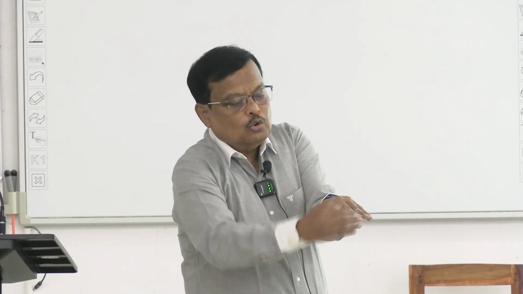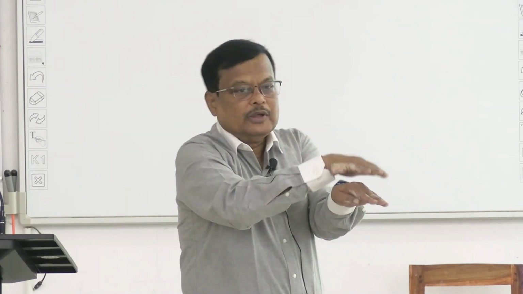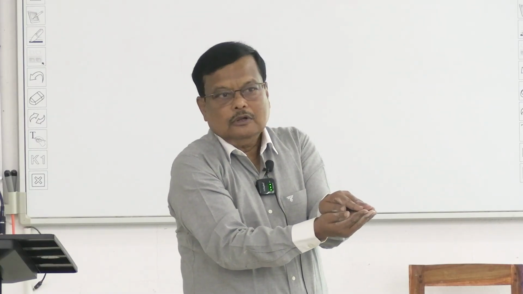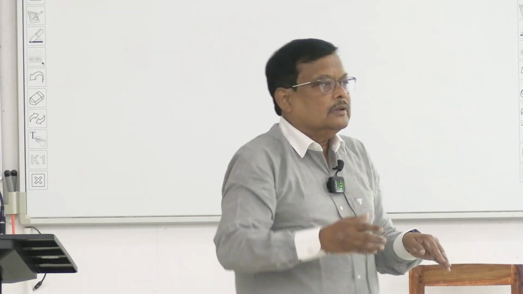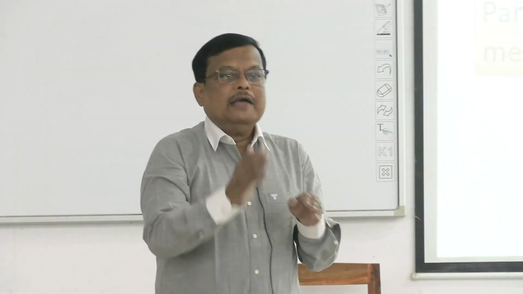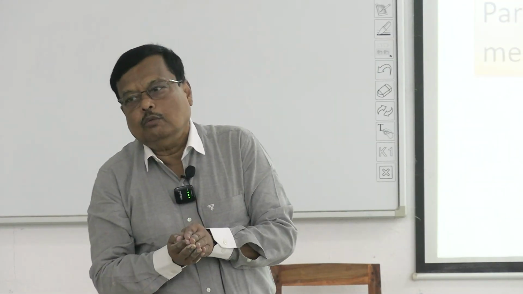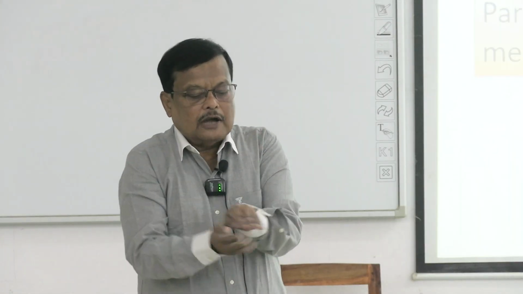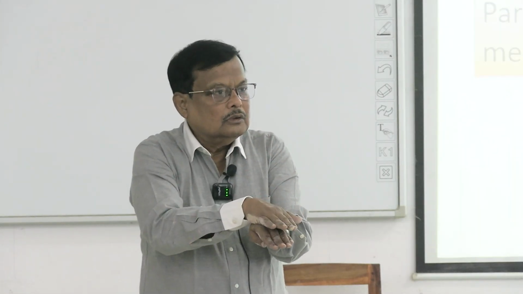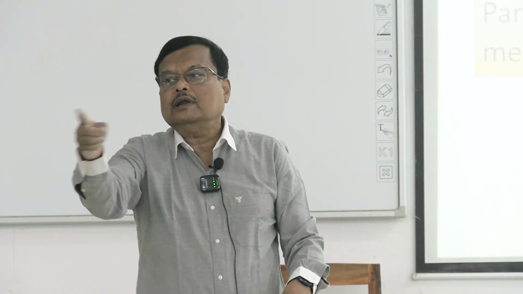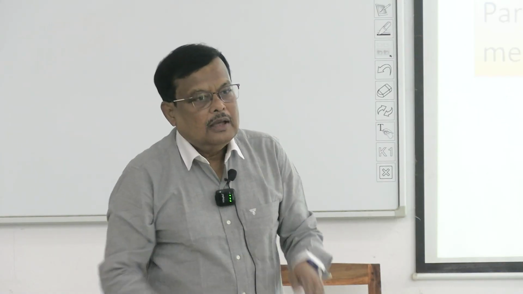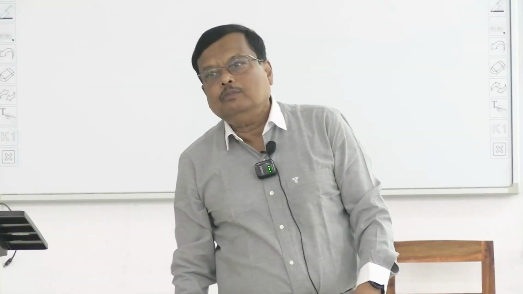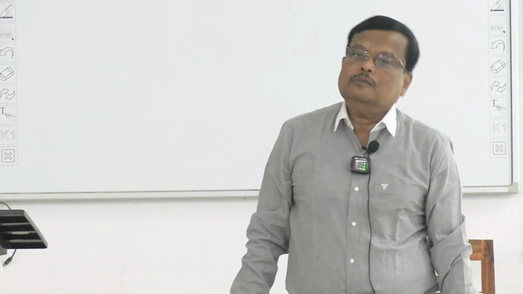The roof of the cavity is lateral plate mesoderm, above it is ectoderm, and here is the lateral plate mesoderm. So the lateral plate mesoderm is split by the formation of this intraembryonic coelom, and this part which is in contact with the ectoderm we call the somatopleuric layer of the intraembryonic mesoderm. And this part which is in contact with the endoderm or yolk sac, we call the splanchnopleuric layer of the intraembryonic mesoderm.